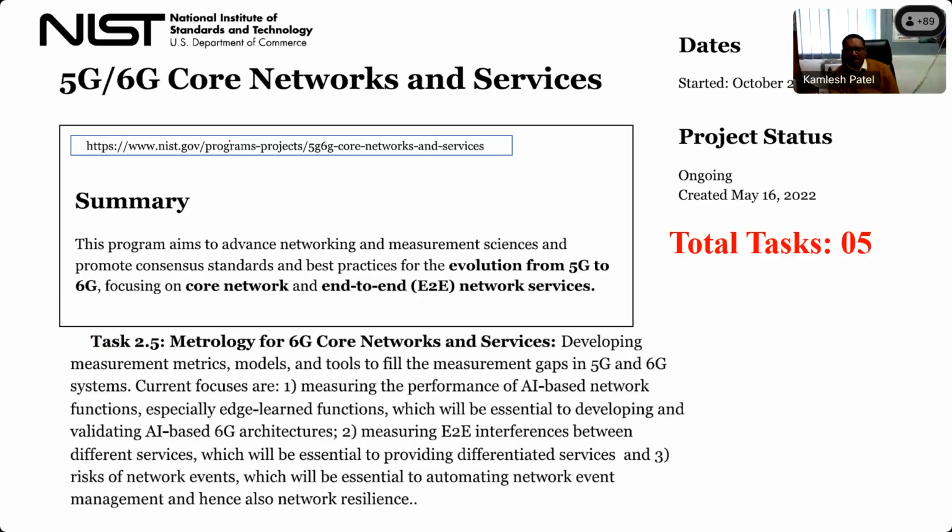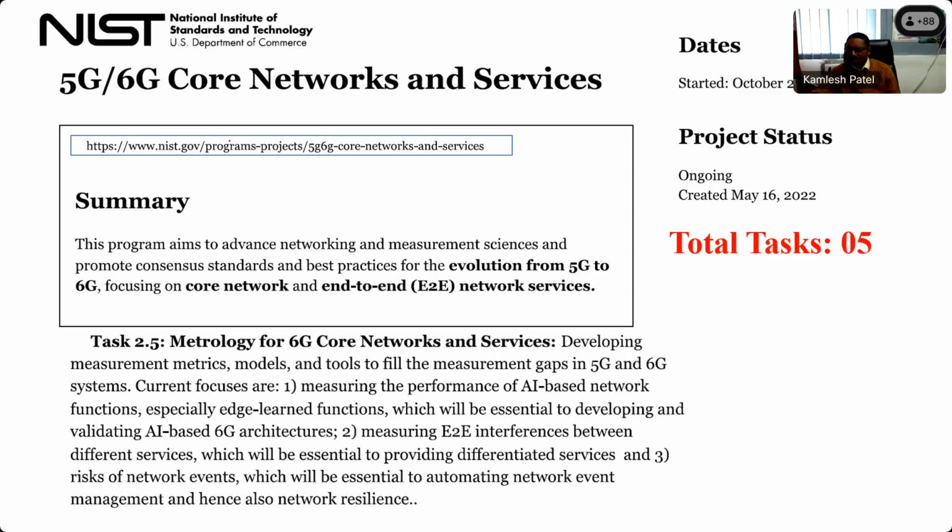So they started a project named 5G 6G core networks and services, which is aiming to develop consensus standards and best practices for the evolution from 5G to 6G. They focused on the core network and end-to-end network services. They decided on a total of 5 tasks.